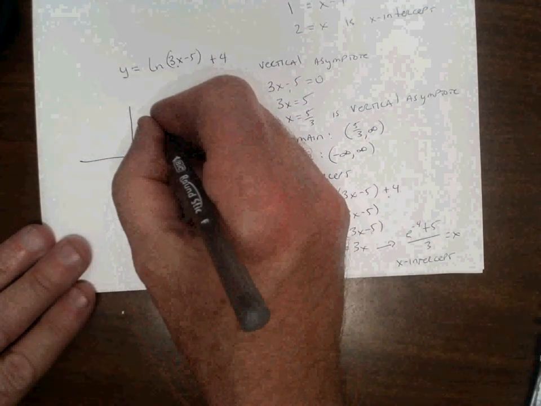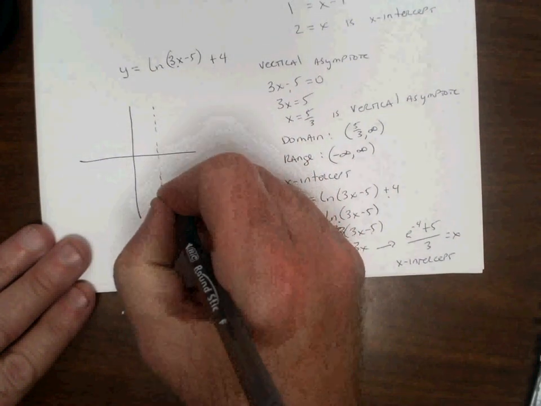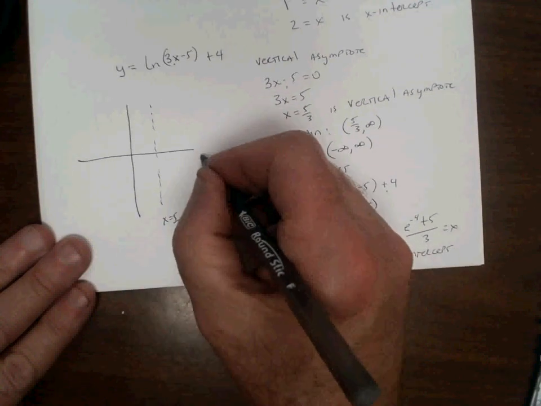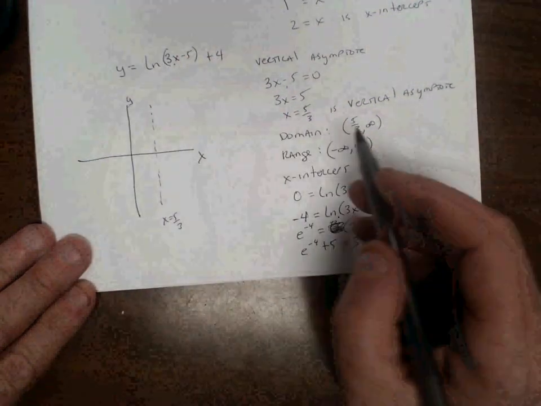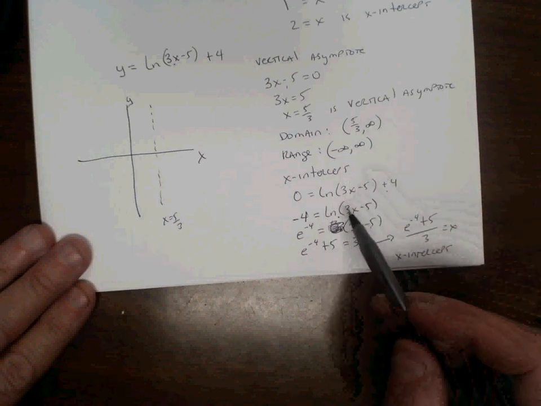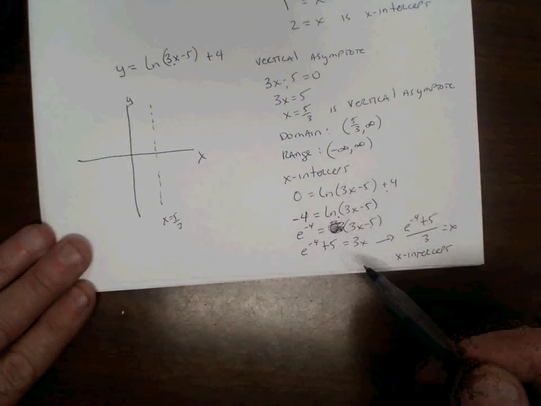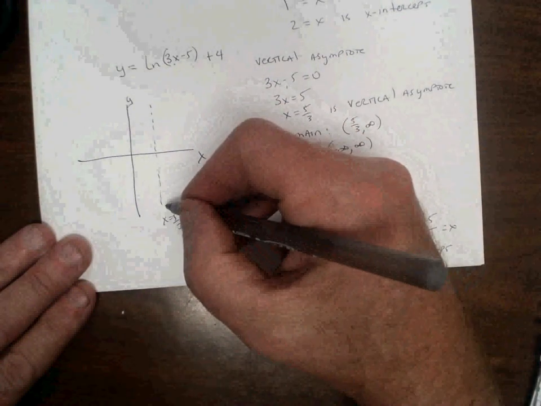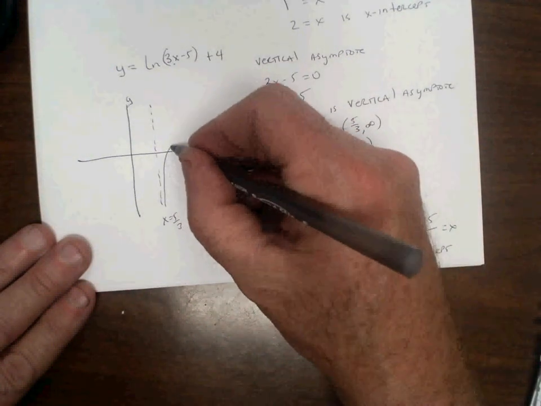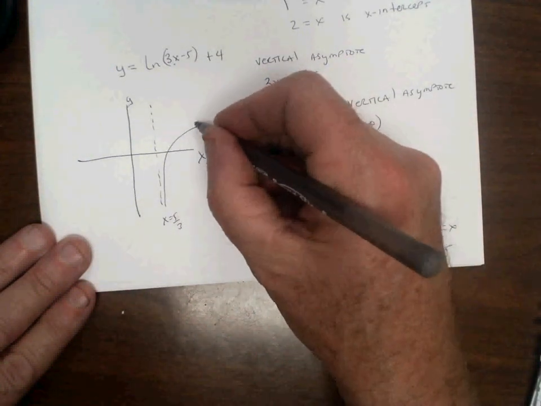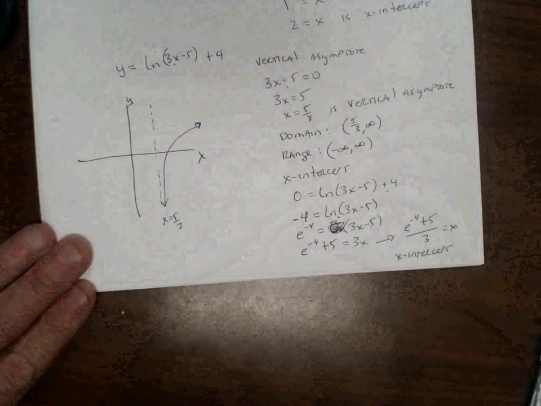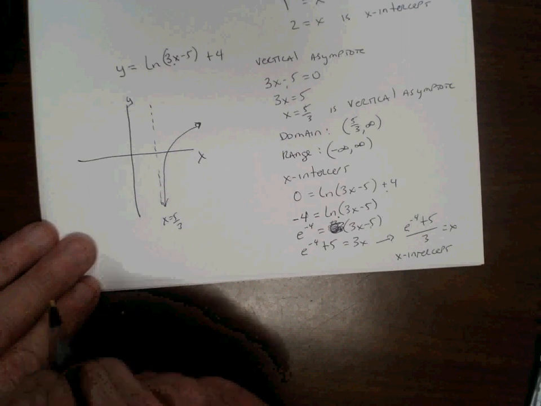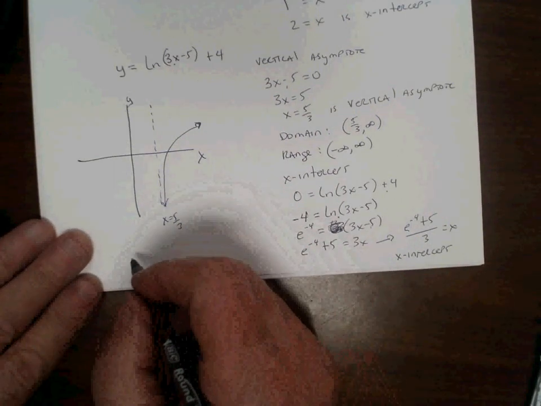If we graph this one, our vertical asymptote is at 5/3. And our x-intercept is e to the negative 4 plus 5, over 3. That's going to be close to 5/3, but it's a pretty small number. It's going to come up like this, and look like that.